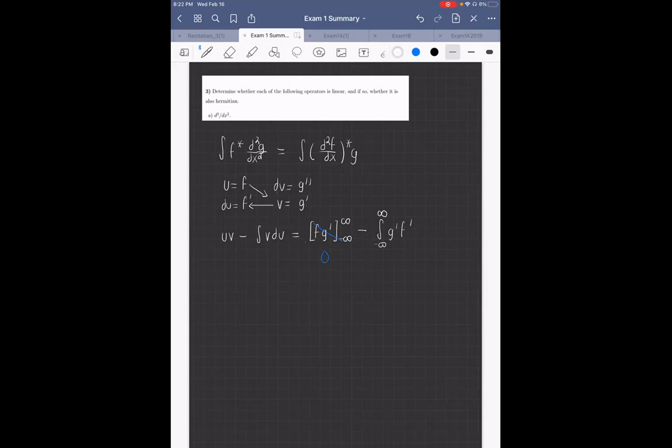Thank you. Okay. So from here, we do the integration by parts again. So then we have u is equal to f prime, and du is equal to f double prime, and then dv is g prime, and v is equal to g. And we saw from our equation that uv is going to be f prime times g from negative infinity to infinity, and it'll be minus the integral of g times f double prime.